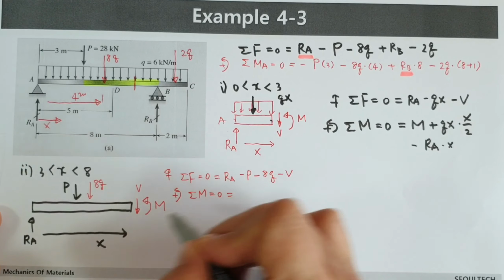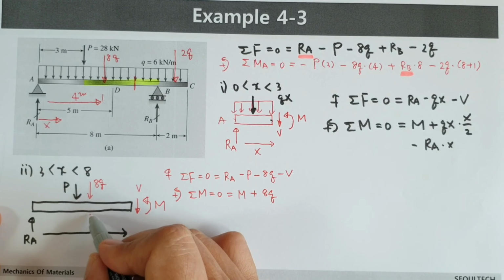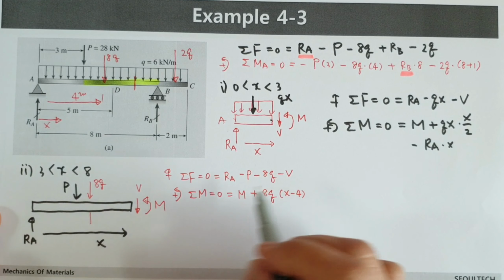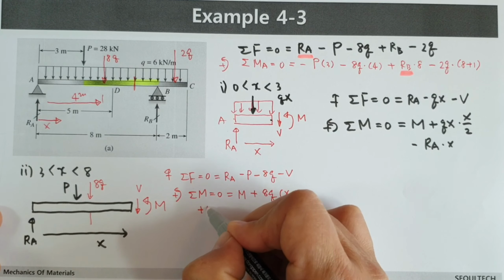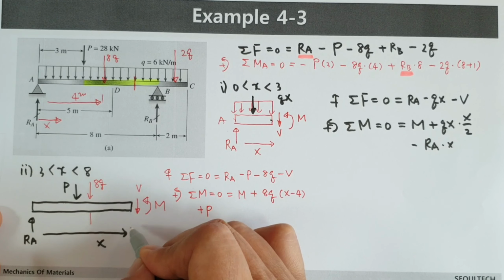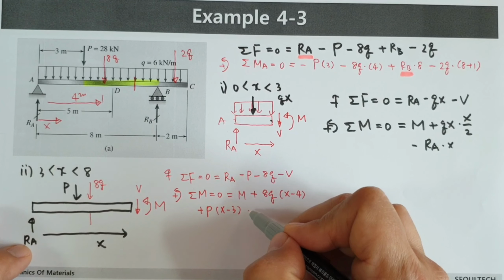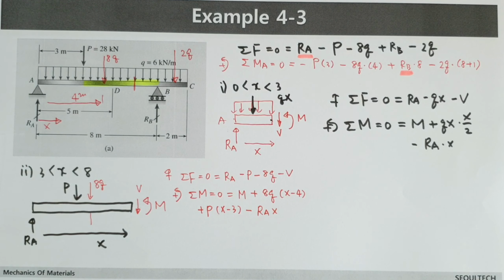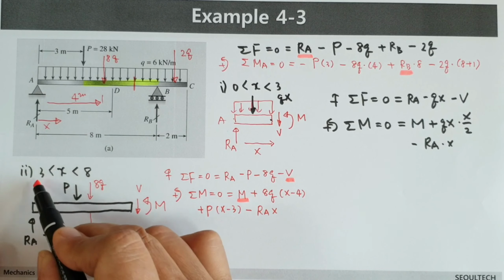When you apply it at this point, V is eliminated, M is positive, plus 8q, and this distance is located at 4, so x minus 4, and next P is like this one, plus P times the length, which is x minus 3, and finally this one is negative, RA times the total length x, equals 0. Then we can find the moment. Because we know the P value and RA and everything, we can calculate moment and shear force in this case.